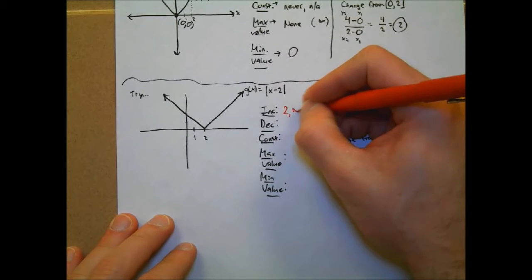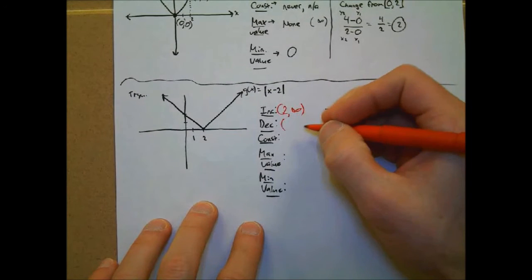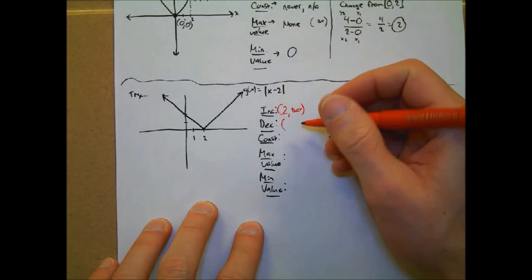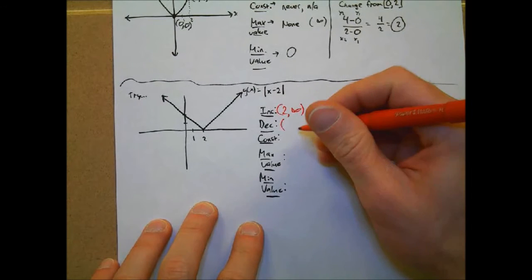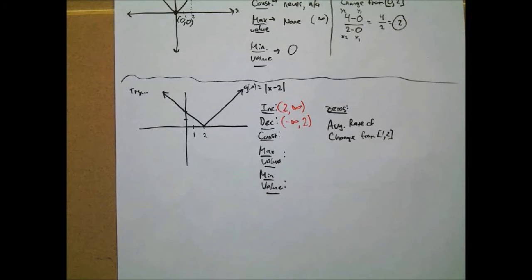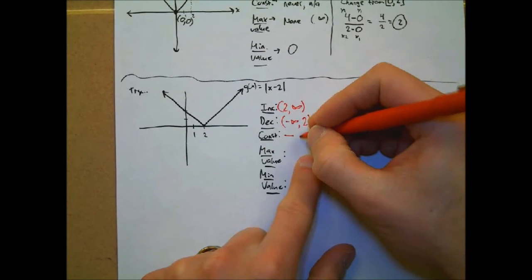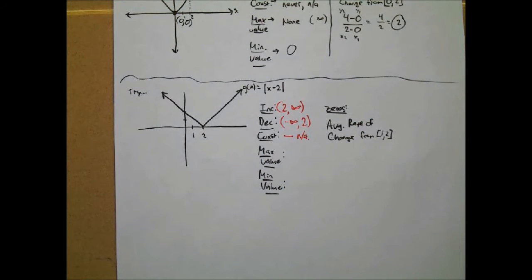Very good. What's our decreasing interval? Negative infinity to 2. You got it. And then constant, not possible here. Not applicable. It's never constant.